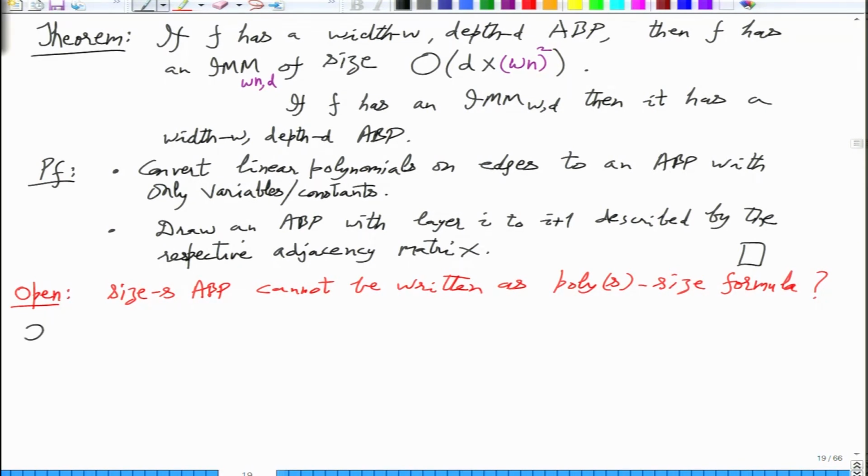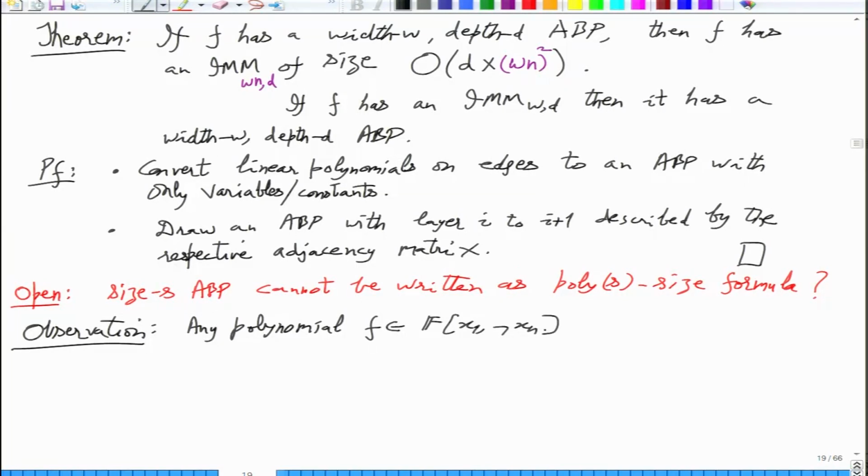So if you have a sparse polynomial, so a polynomial that has few monomials. So any polynomial f in n variables, with constants in the field F, that has sparsity S.